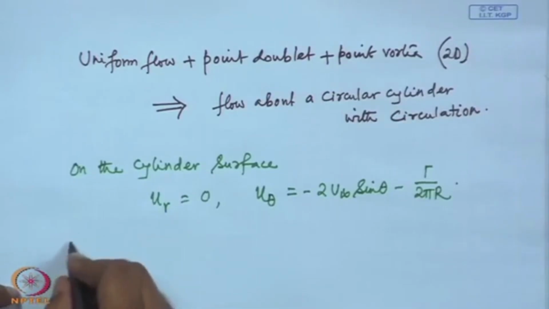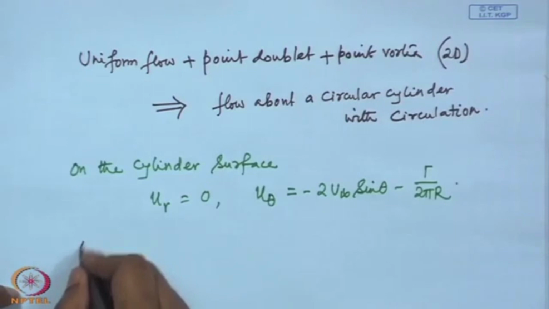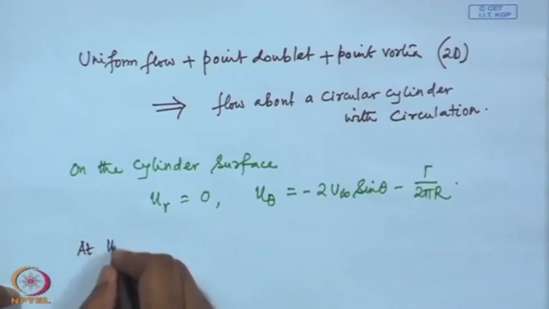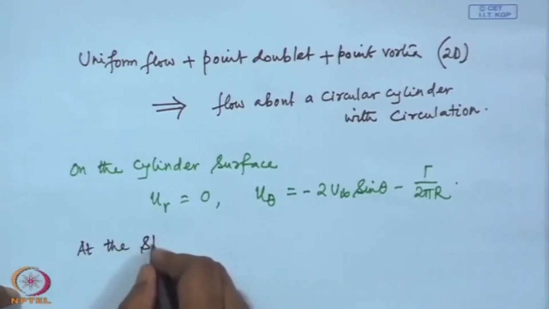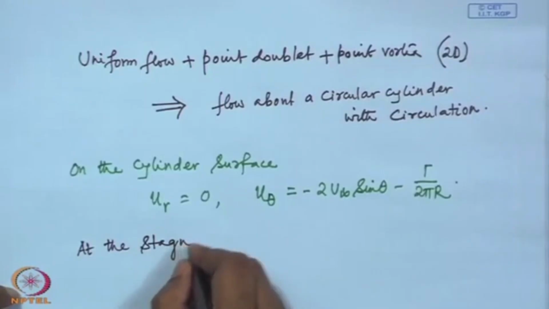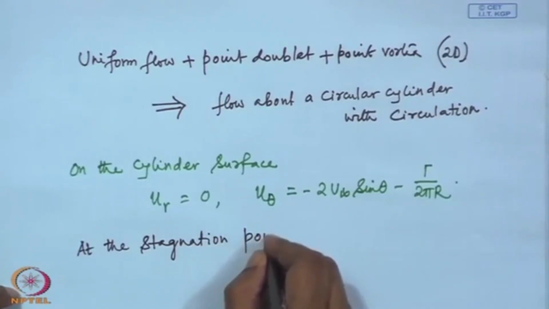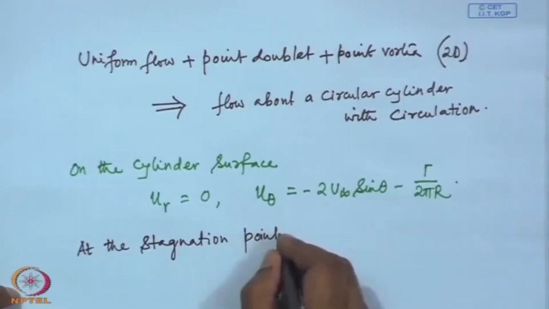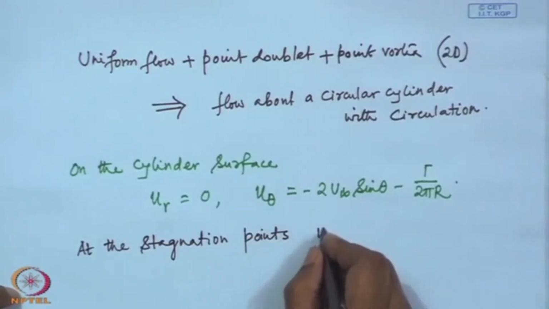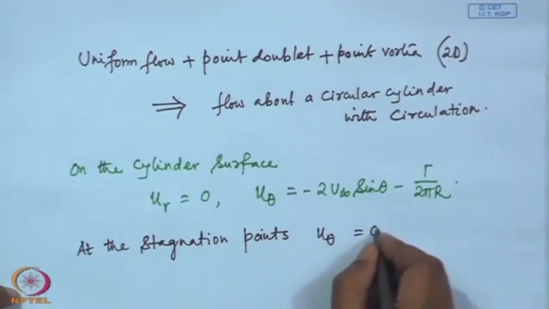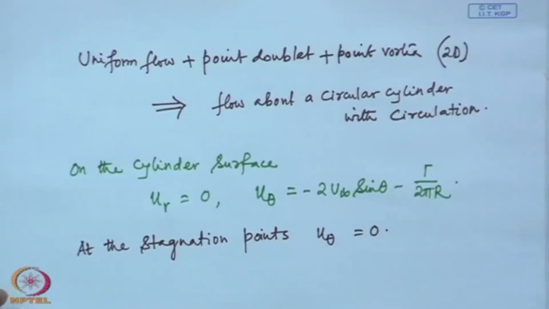So, at the stagnation points u theta equal to 0, and if the stagnation points are denoted by theta s, then what is theta s?